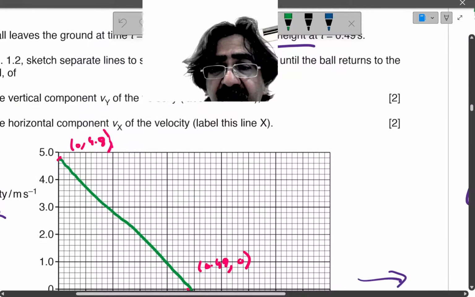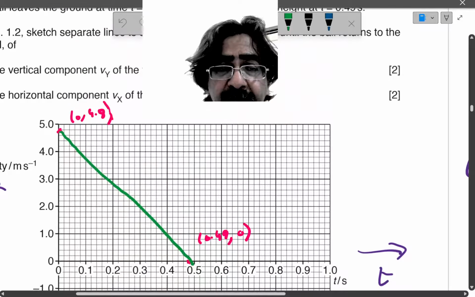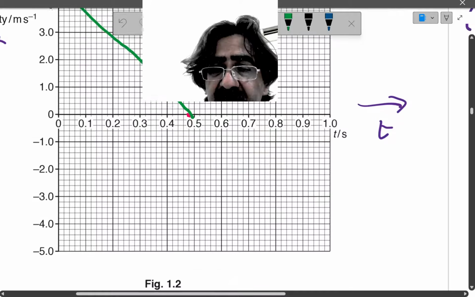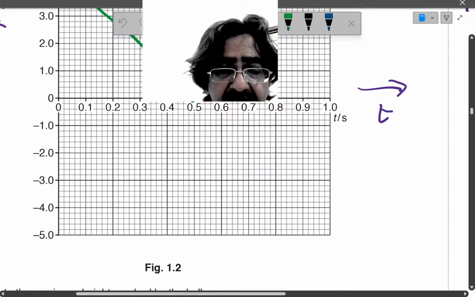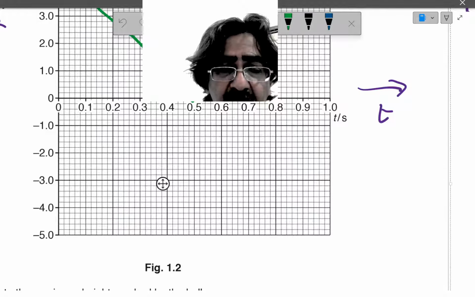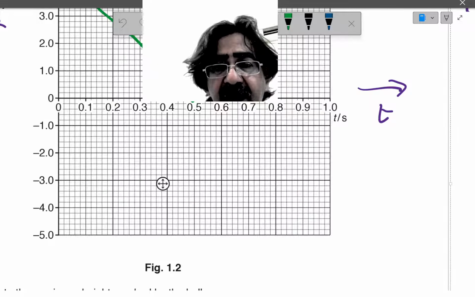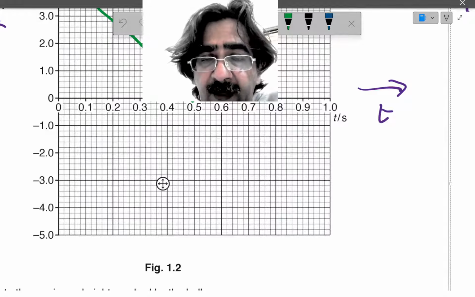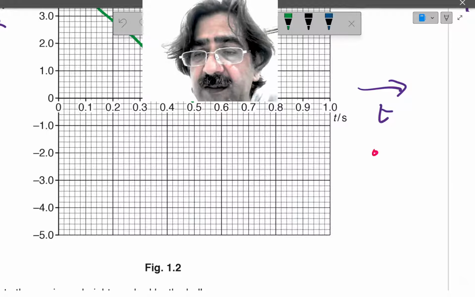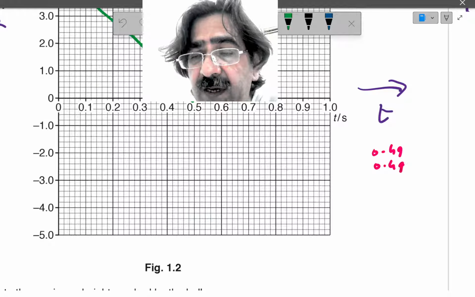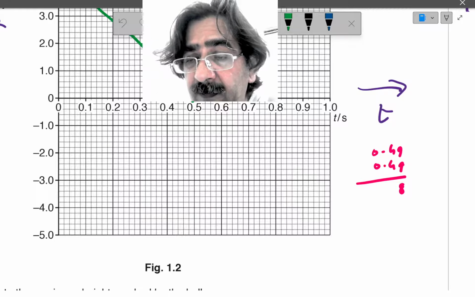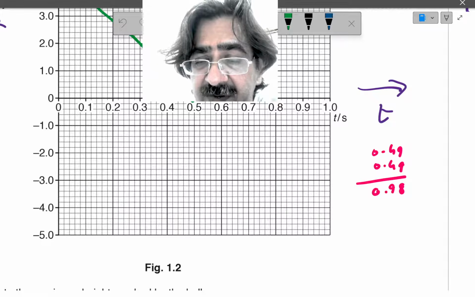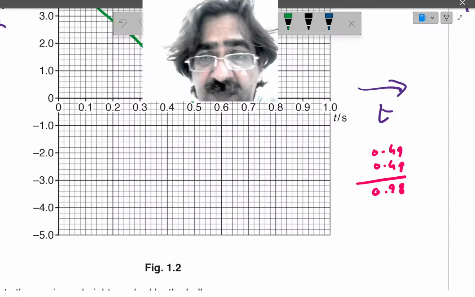So when it reaches the ground, it will take 0.49 second. 0.49 second to reach the ground, because when we double it, the total time will become 0.49 plus 0.49, which is 0.98.